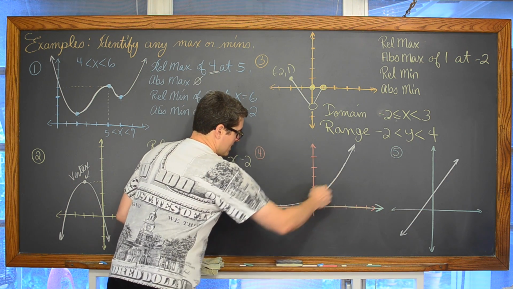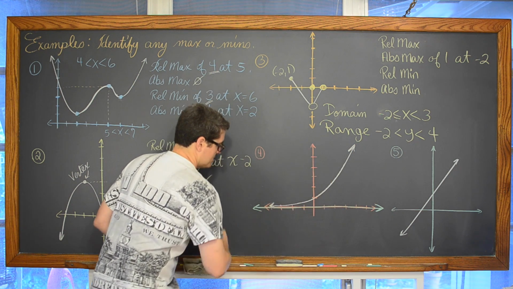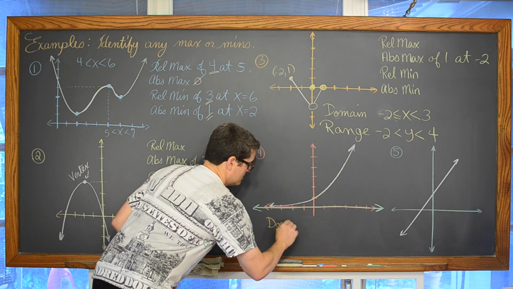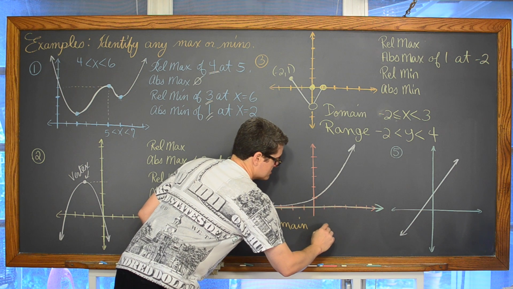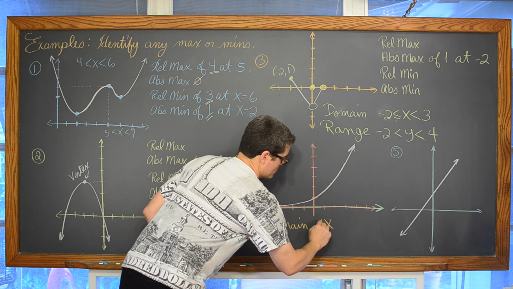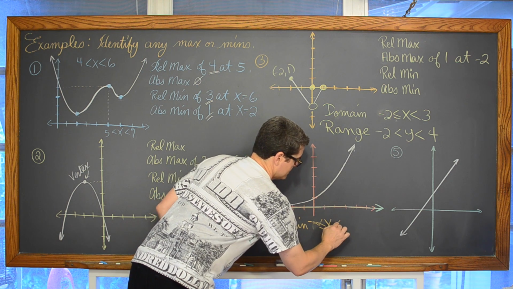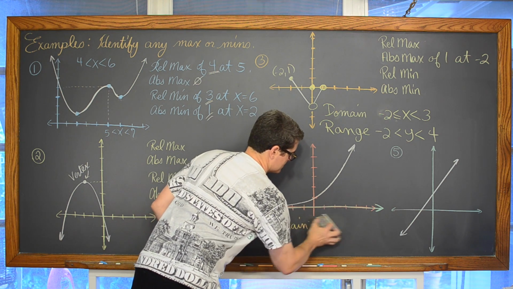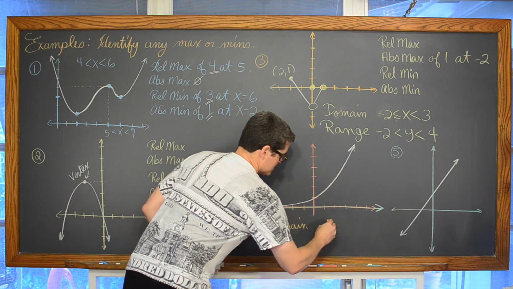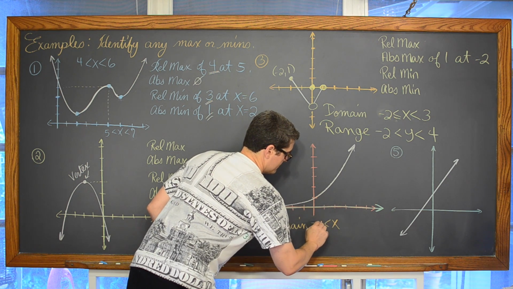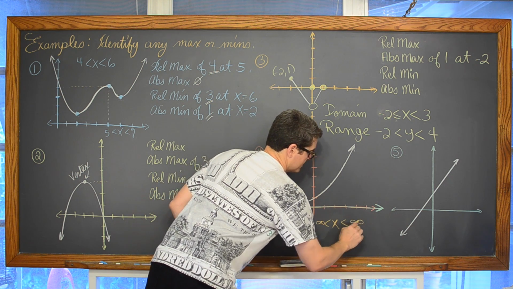The domain of this graph goes left and right forever. So the domain is, x is greater than or equal to -infinity, not -8. Whoops, I can't write it that way because it's a theoretical number. x is greater than -infinity and less than +infinity.